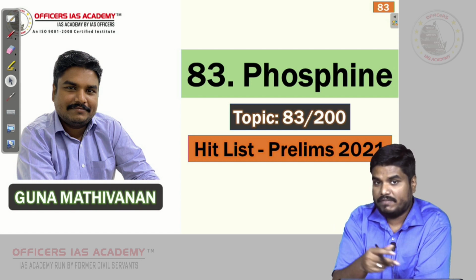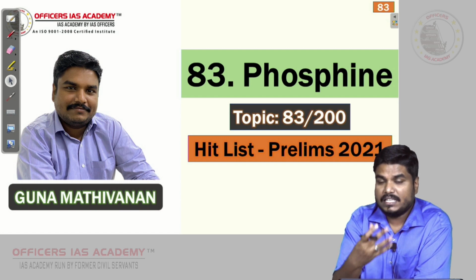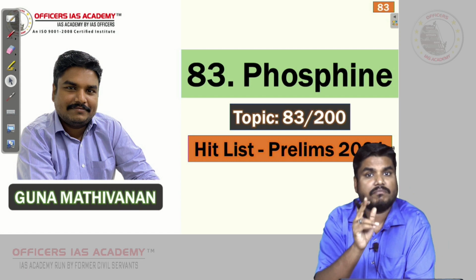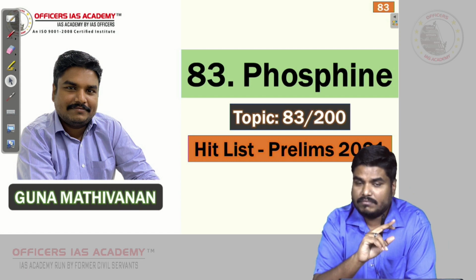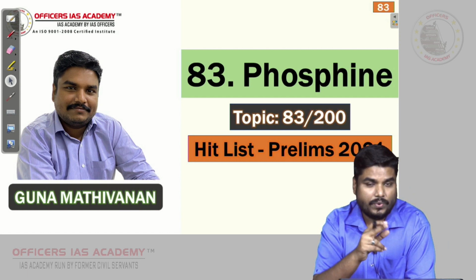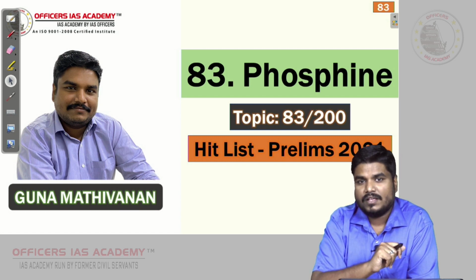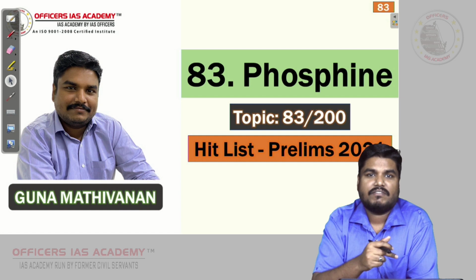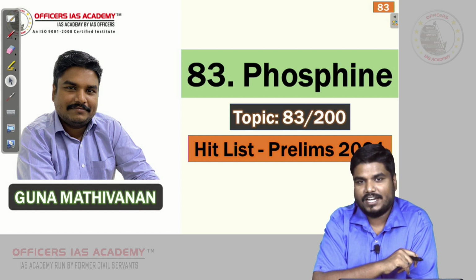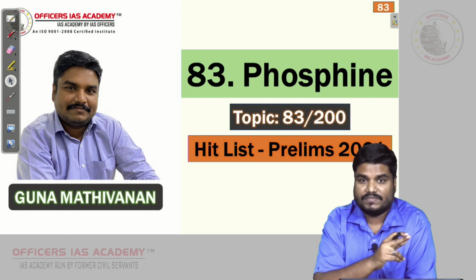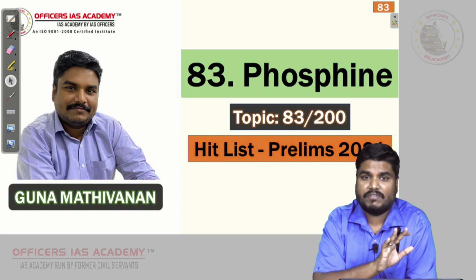But since even today we are seeing the presence of a considerable amount of phosphine in Venus, that means maybe there could be some microbial activity going on in Venus that continuously produces phosphine. So this makes us think whether Venus can hold life forms, right? However, with certainty we cannot say that the phosphine in Venus is because of microbial activity.